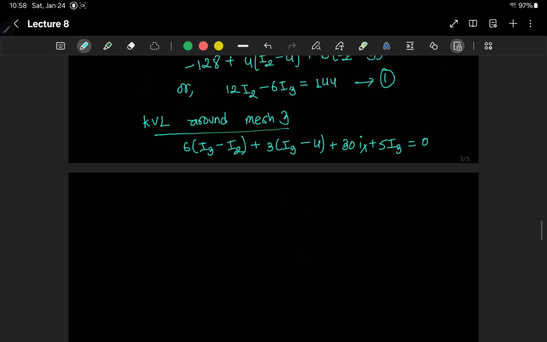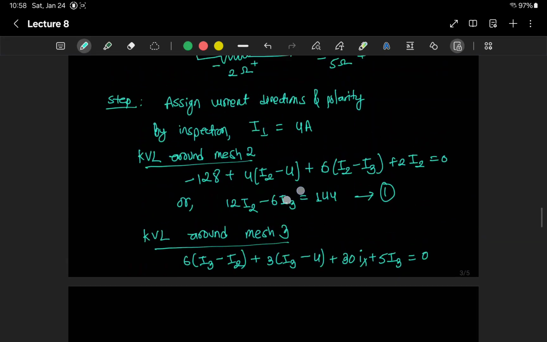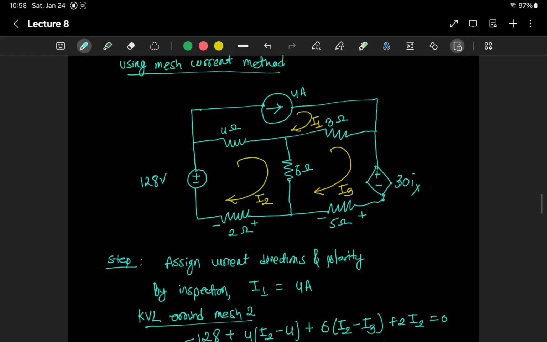We also know, if you look in here, Ix, from the earlier question. If you look at this diagram, Ix is basically nothing more than this I2 current flowing here minus this I1 current.